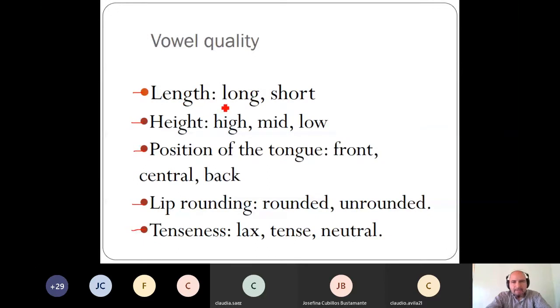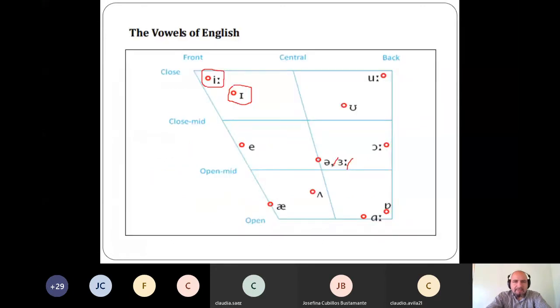Length obviously refers to the duration of a sound, if it's a long or a short sound. In that case, E is the long vowel sound, and I is a short vowel sound, okay? E is long, I is short.